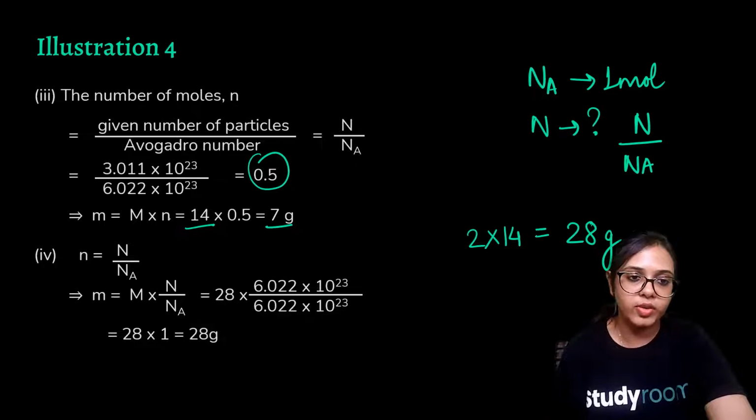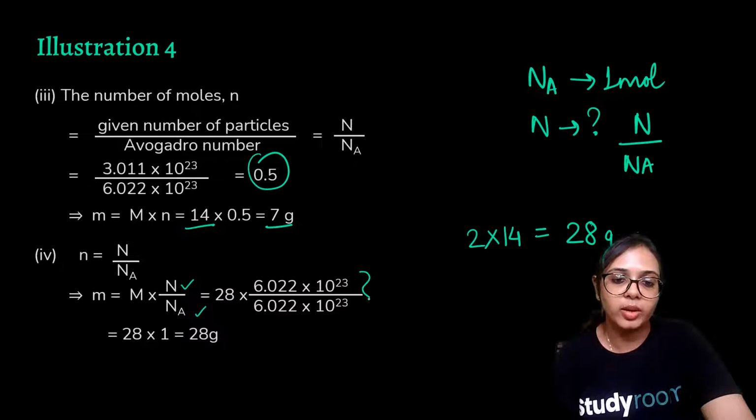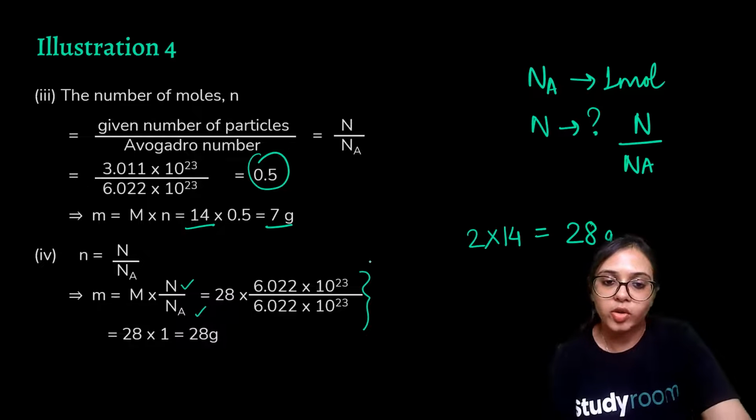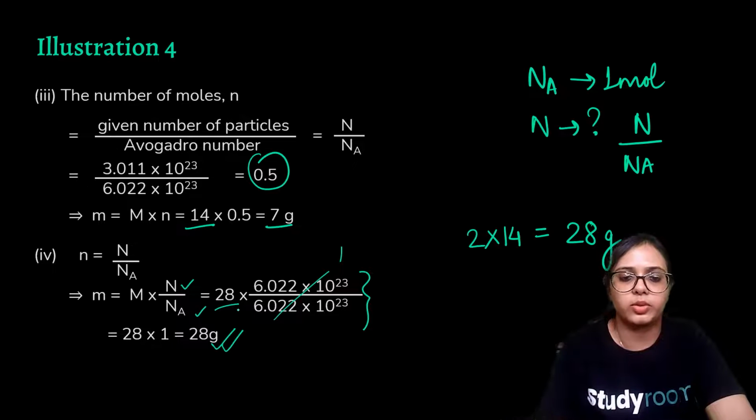So for this we will apply the same formula that we had earlier. We will be getting the number of moles by N upon Na. That is, it's basically the value of 1 mole itself, but for the sake of trying out this formula, it will be simply crossed off, 1. Okay, 1, and we will simply multiply it by the gram atomic mass that we already have, 28, and 28 would be the mass, the required mass.